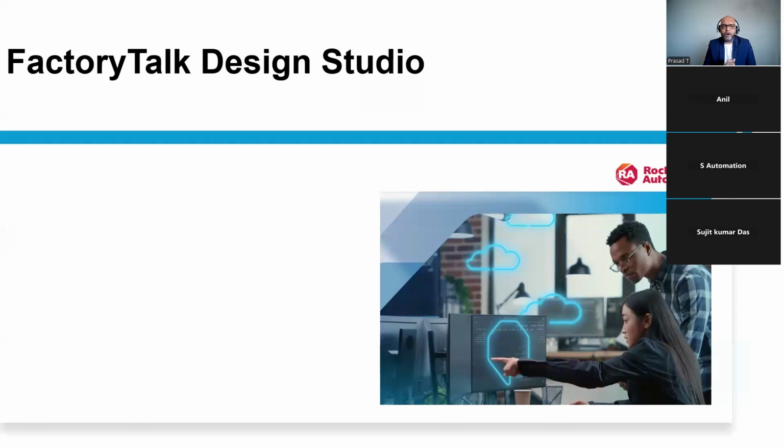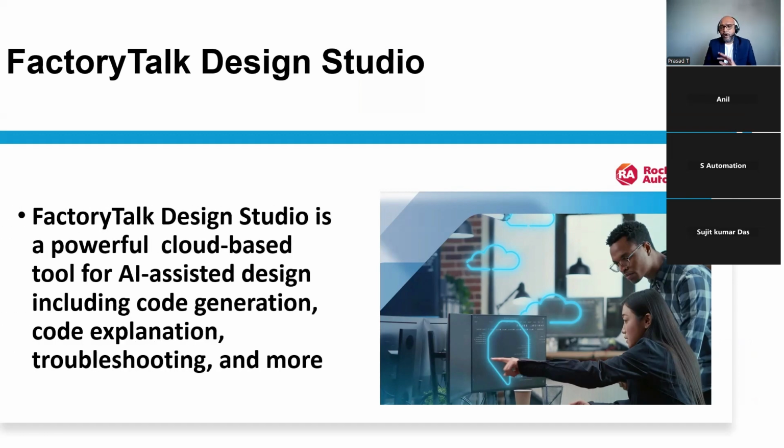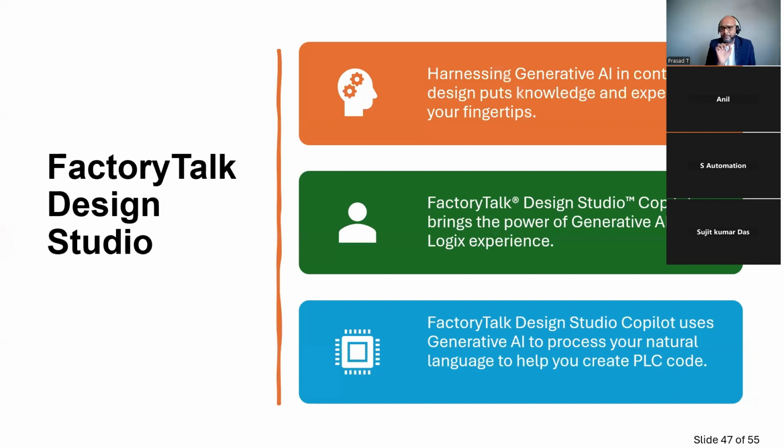Now the next topic is Rockwell. Rockwell has a product offering called FactoryTalk Design Studio. Again, all the features are the same, so we will not repeat them, but we will quickly jump to how the UI looks and what kind of features they are offering. There are some distinct features compared to Siemens that we will take a look at. The product name is FactoryTalk Design Studio.